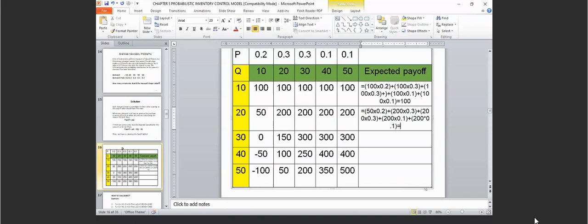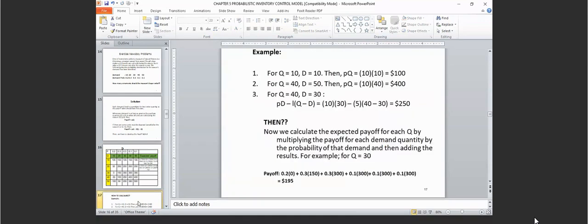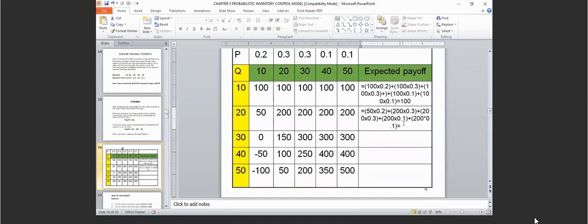So we have for the order quantity of 20 unit, 50 ringgit multiply with 0.2, 200 ringgit multiply with 0.3, 200 ringgit multiply with 0.3. So the total will be berapa? Tengok kat ni saya kira. So the total will be 400, right? So the total will be 400 ringgit.